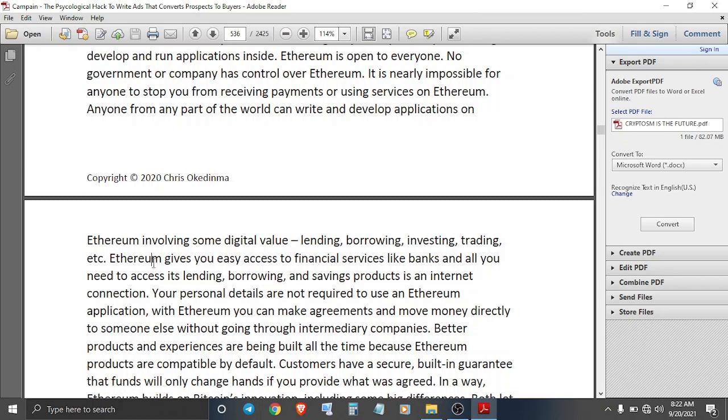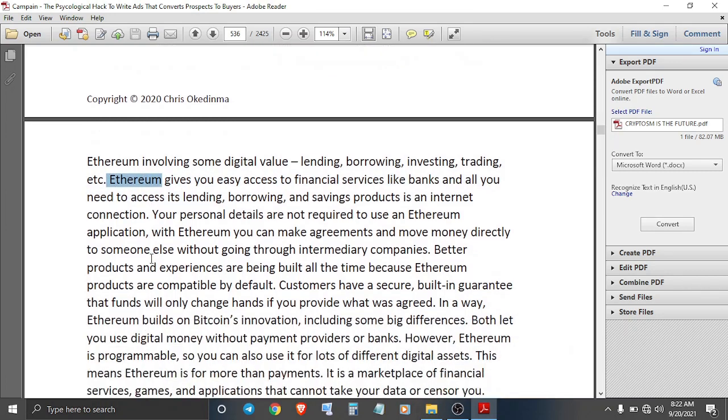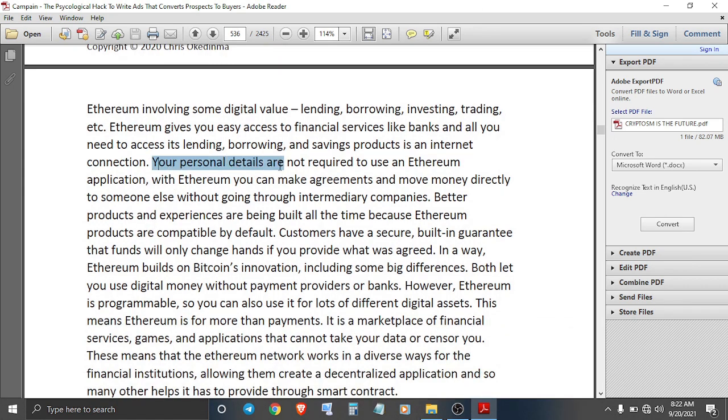Okay. Now Ethereum gives you access to financial services, just like the bank gives you that same access. And all you need to access lending, borrowing, or savings products is an internet connection. They are talking about the Ethereum blockchain or the Ethereum network. Now, your personal details are not required by this Ethereum network.